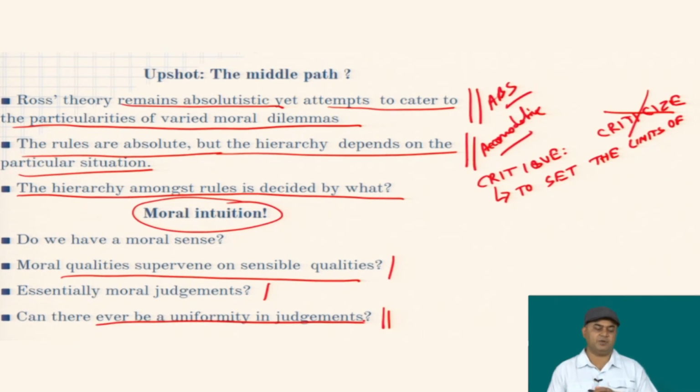That means, if somebody would hold duties of reparation in this particular circumstance as secondary to, say, duties of justice, whereas somebody else may hold it the other way around. So, these are the difficulties that also come with Ross's theory, but we are not here doing a specialized study of prima facie duties of Ross. Rather, we are trying to look at an example of deontological ethics.